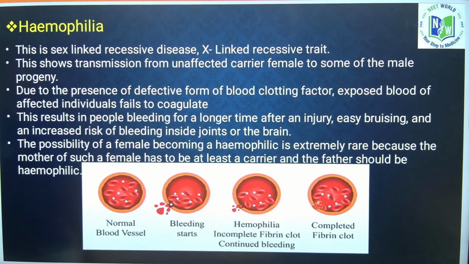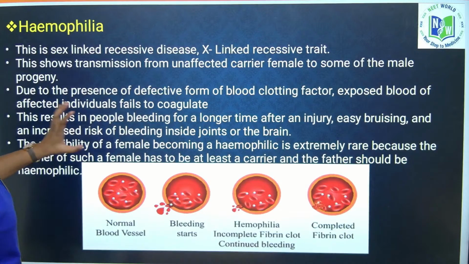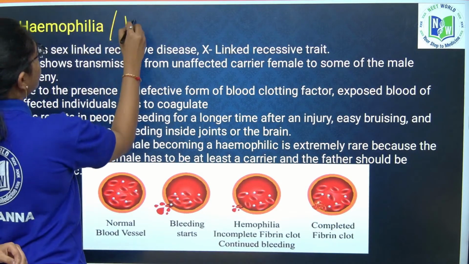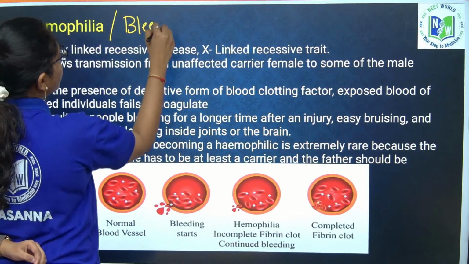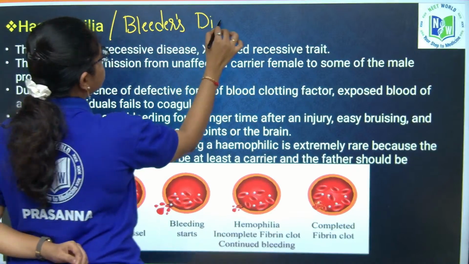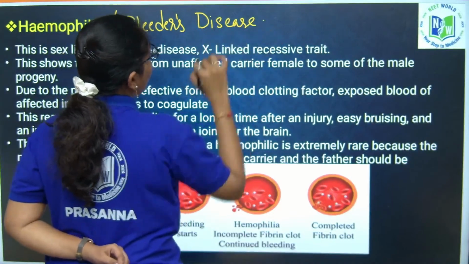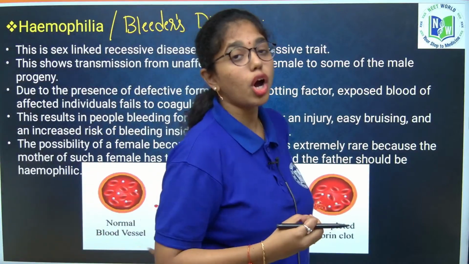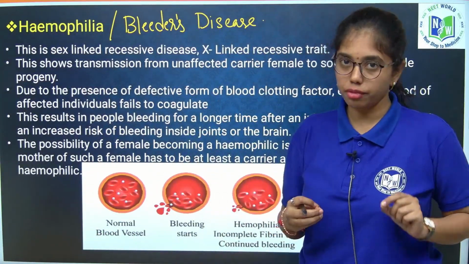Now let us look into the second type of X-linked recessive disorder, that is hemophilia. Hemophilia is also called bleeder's disease. This is because of absence or mutation of any one clotting factor.